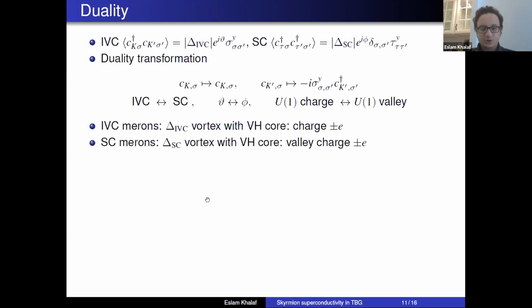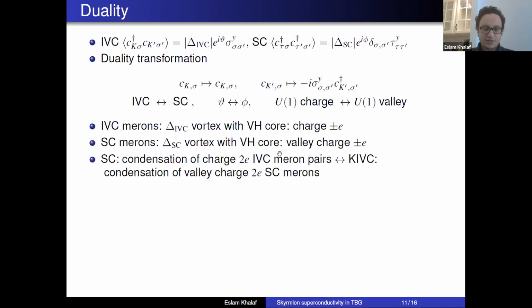Using this duality, we'll deduce that the superconducting vortices would have to have a valley charge. Similarly, since we're thinking of the superconductor in terms of condensing charge 2e IVC meron pairs, we can also think of the IVC state in terms of condensing superconducting merons that have valley charge 2e, and that's why they break valley symmetry.